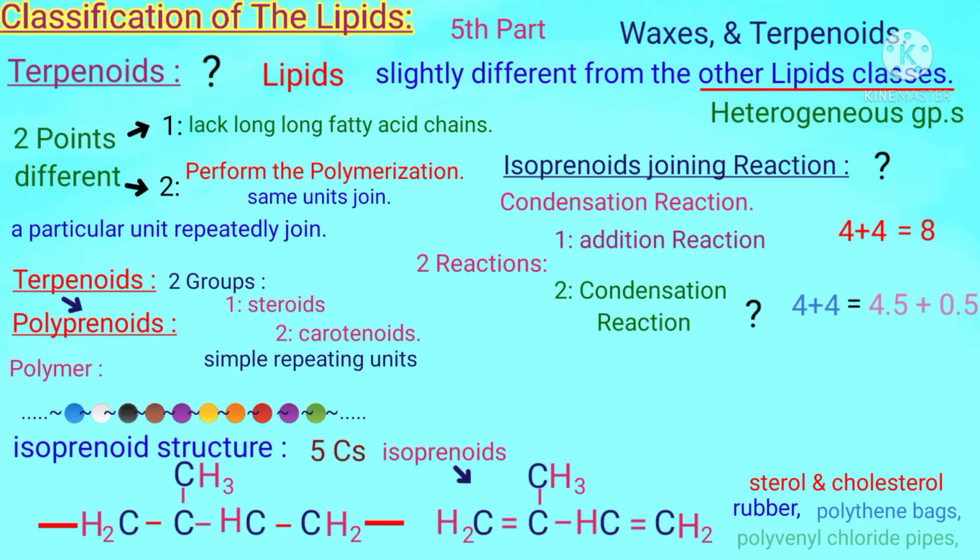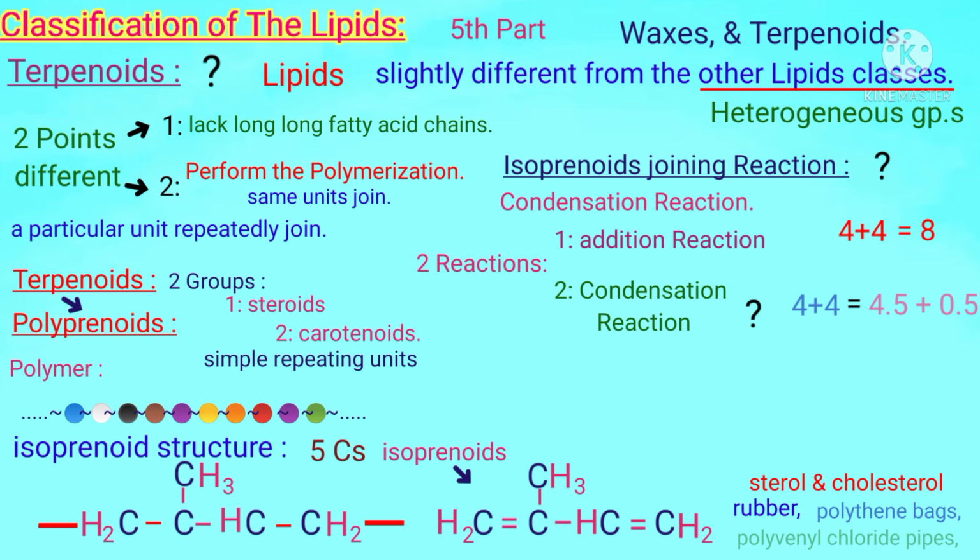Students, as in ester formation, a water molecule is released, in which ester is a large molecule but water is a small molecule released. Next, when monosaccharides combine to form a polysaccharide, the polysaccharide is a large molecule but a smaller H2O molecule is also released by the combination of every two monosaccharides. Likewise in peptide bond formation, when amino acids join to form a protein, protein is a large molecule but H2O is a smaller molecule.